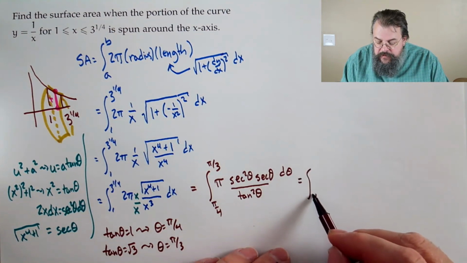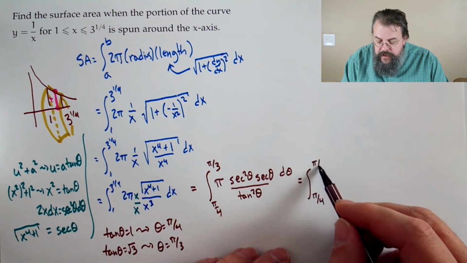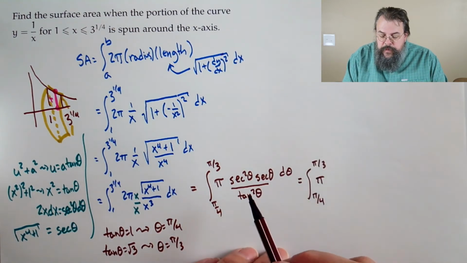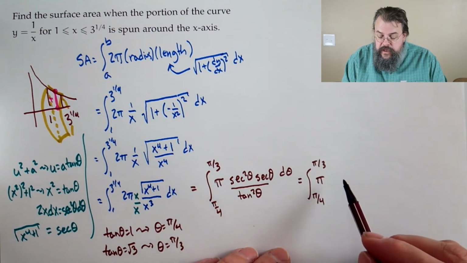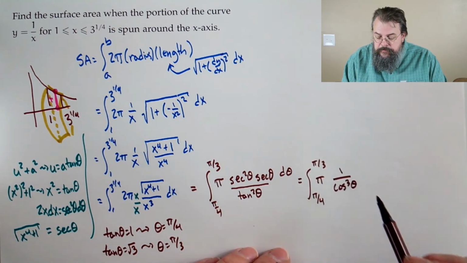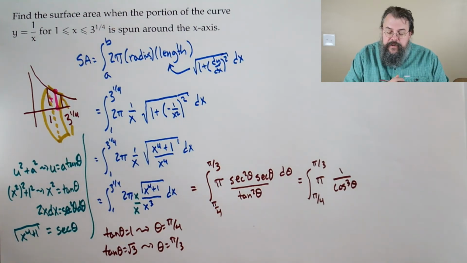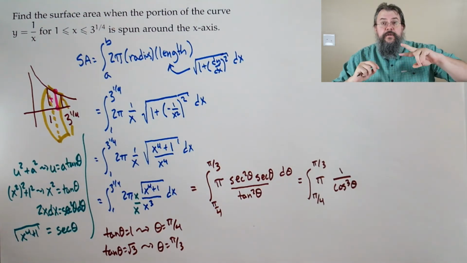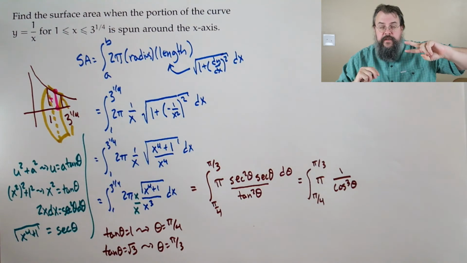This would be pi over 4 to pi over 3. Then there's a pi. We have secant cubed. Now secant cubed is 1 over cosine cubed. Then we have a tangent squared downstairs. Now tangent squared is normally sine squared over cosine squared.